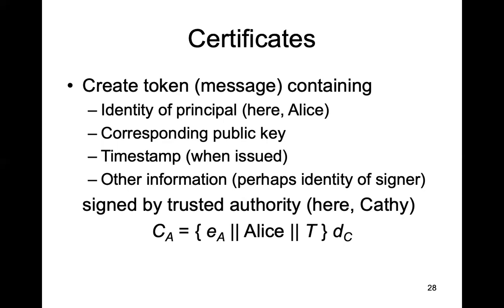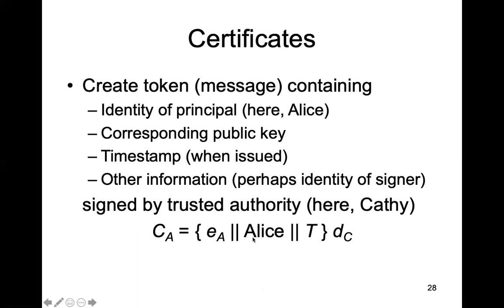So for example, the public key of VeriSign will be embedded in your browser, okay? So whenever you get a digital certificate, somebody claiming to be Alice sends you EA, they will also send the corresponding certificate, which was signed by this trusted third party, Kathy. And if you trust that third party as well, you can just go and take Kathy's public key, decrypt this message over here, and in fact, check that EA is bound to Alice. That's the purpose of these digital certificates.